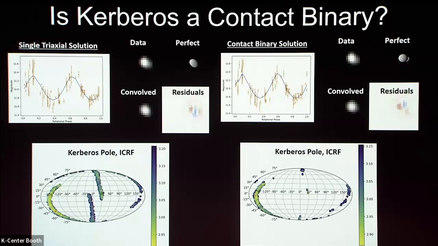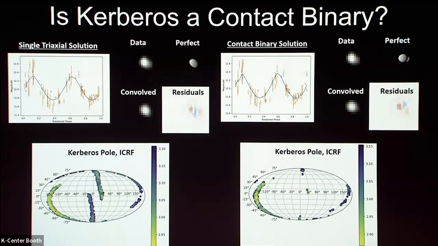But it is true that if you have the contact binary solution, it pretty much removes this second pole option. So it really strongly says that the pole's over here. So that's further motivation for trying to get more of this photometry in the future.